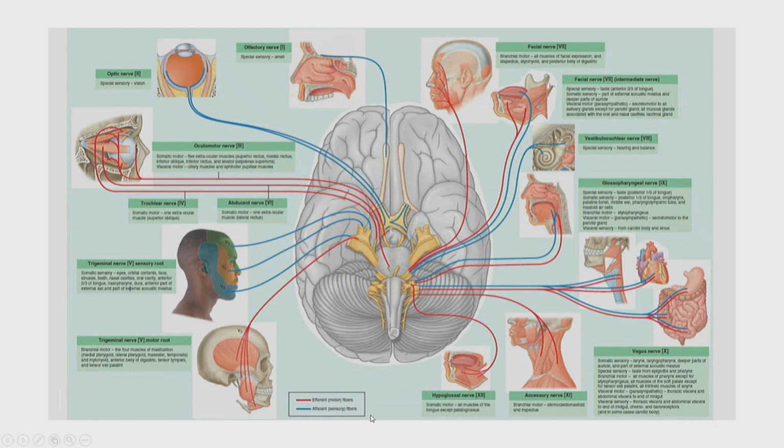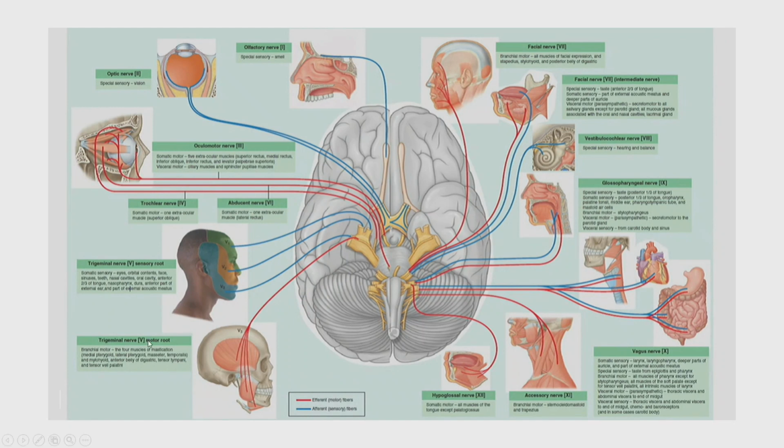Sensory fibers we divide into general sensory, special sensory, and so on. They have receptors in the peripheral part, which are stimulated and carry the information from the periphery to the central nervous system. That's why they call it afferent fiber.